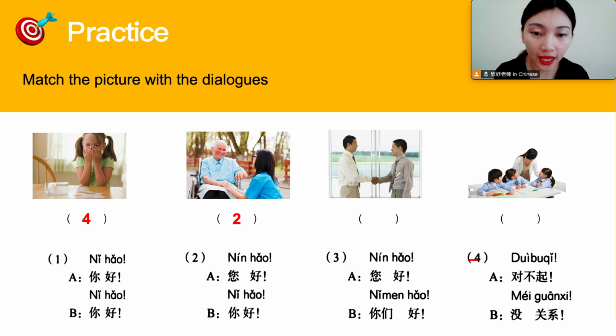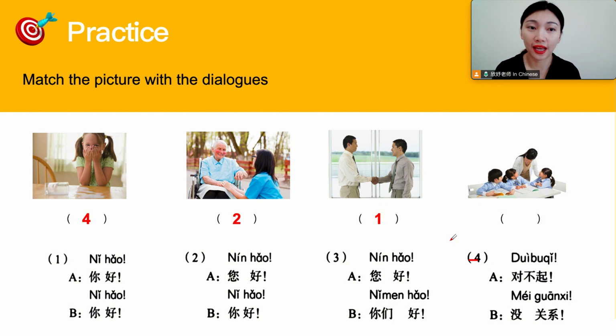And number 3, the picture is, all right, conversation 1. Because they are in a company, it's their first time to meet. So they shake hands. I want to say something here about shaking hands. In Chinese culture, you shake hands when you are in a formal situation. Like here, in a company, when you just meet each other for the first time, you shake hands.